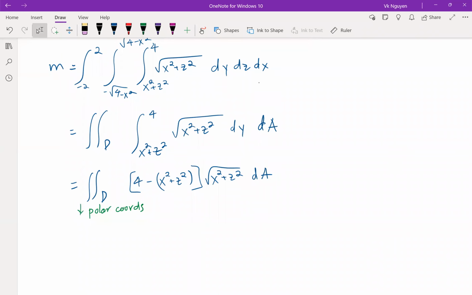Well, when you do this, it makes much more sense. So 0 to 2 pi, 0 to 2, 4 minus r square, square root of r square, r d theta.